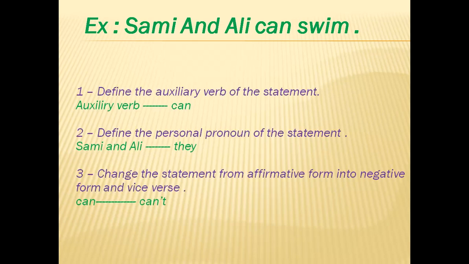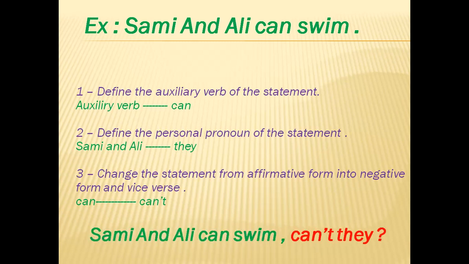So I will replace the auxiliary verb can with can't. So the new shape of the question tag will be: Sami and Ali can swim, can't they? The sentence written in red is the question tag.